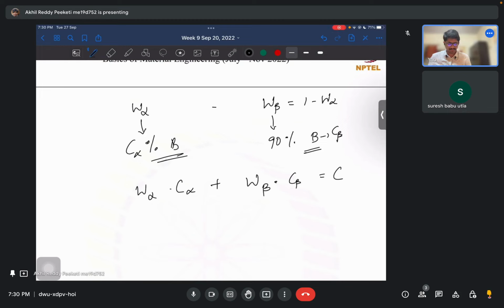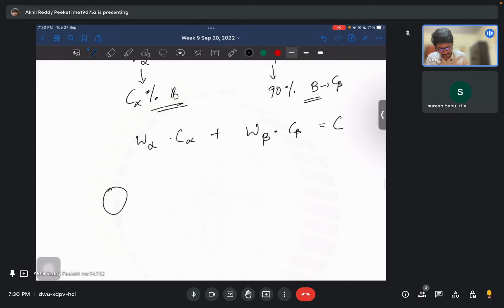If both are equal, the average composition should be the total final composition.